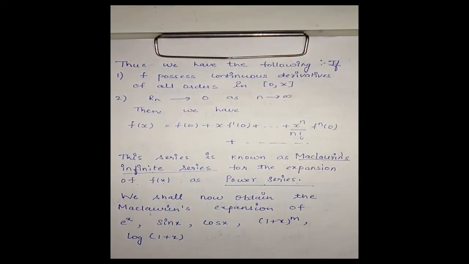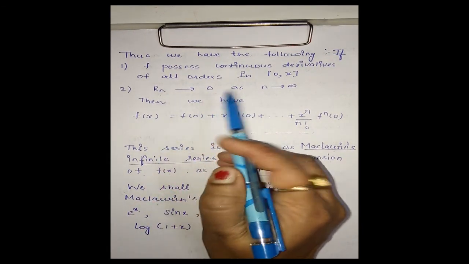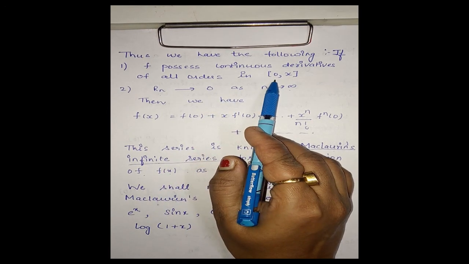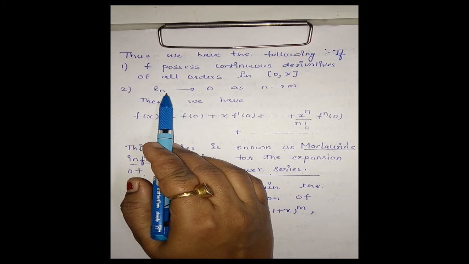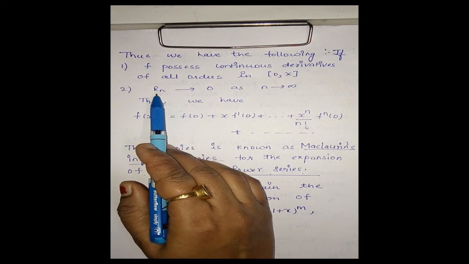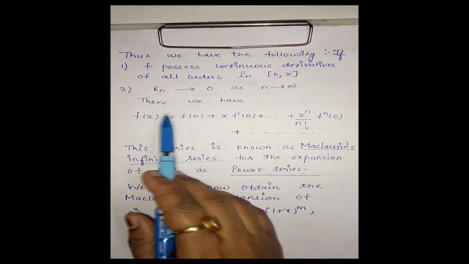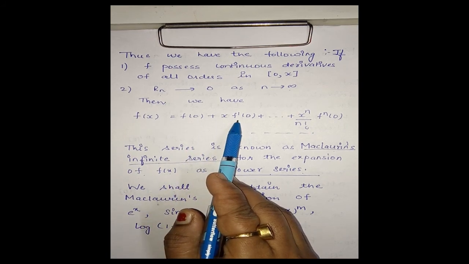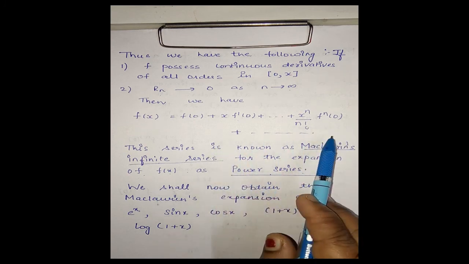Next, we have the statement. Therefore, we have the following. If f possesses continuous derivatives of all orders in the closed interval [0, x], and second, Rn, the remainder after n terms, whether it is Cauchy's form of remainder or Lagrange's form of remainder, tends to 0 as n tends to infinity, then we have f(x) is equal to f(0) plus x into f'(0) plus x^n upon n factorial f^n(0), and so on.